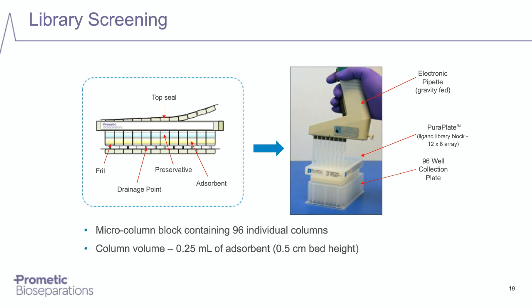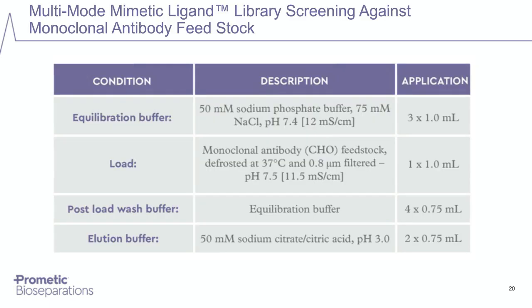So in the first example of the use of the Multi-Mode Mimetic Ligand Library, we're going to look at screening of a monoclonal antibody feedstock. So this is a CHO human IgG1 antibody. It's in clarified cell culture supernatant. So we start by equilibrating all of the columns in a phosphate buffer at pH 7.4.